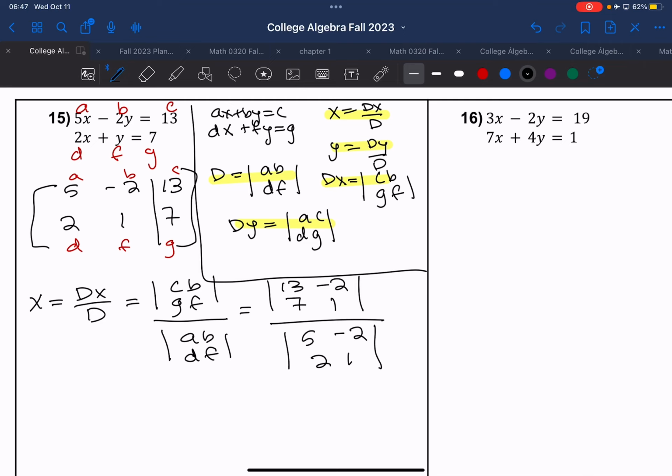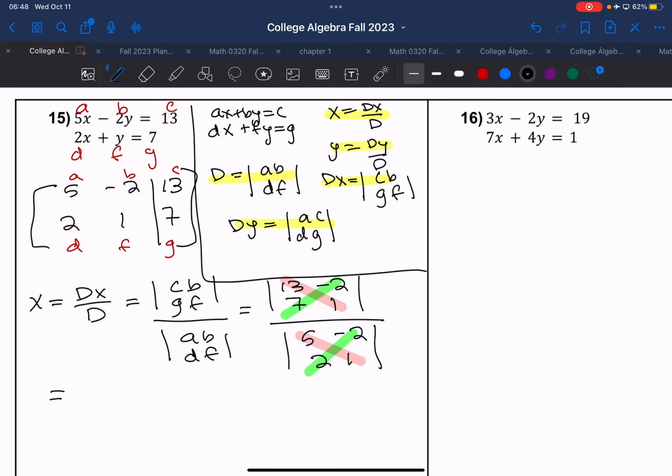Now that we have everything plugged into our formula, we're just doing the same thing we were doing above. We're just finding the determinant of the top and then the determinant of the bottom, and then whatever we get is our answer. So first we multiply on this diagonal, then on this diagonal. Okay, so I'm going to be writing this on a new line.